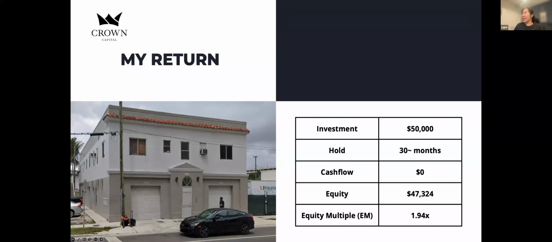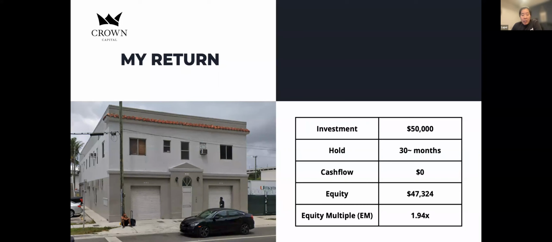And here are my numbers. I invested $50,000 in this project. The whole time is going to be maybe about 30 months by the time we close, because right now we're under contract. It's still not closed yet. We anticipate a few more months before closing. So there's been zero cash flow.